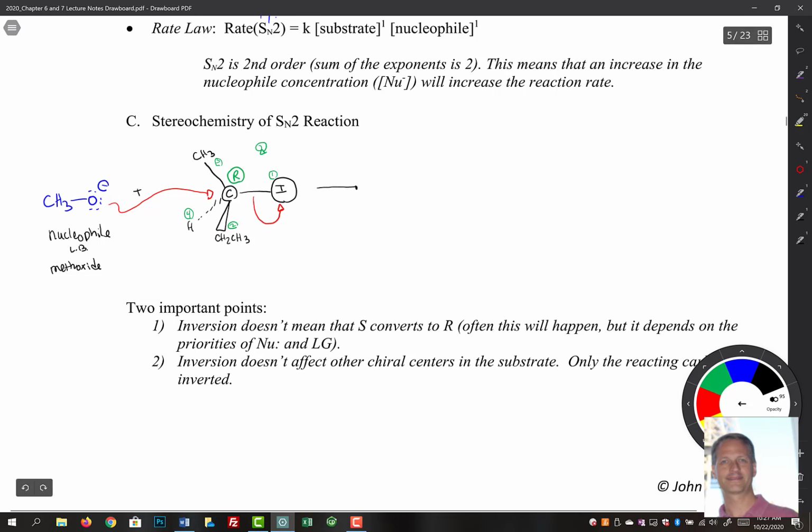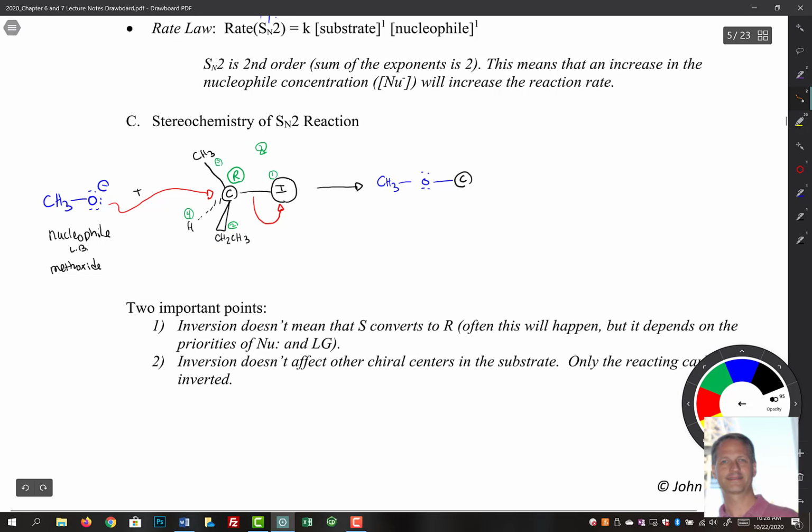All right, guys, so let's skip that transition state and let's draw out what our product is here. So we get CH3O, and then we're going to be bonded now to our carbon. So that carbon is here. And remember, what we saw before was that CH3, that H here, and then this ethyl group, they're all going to move that direction.